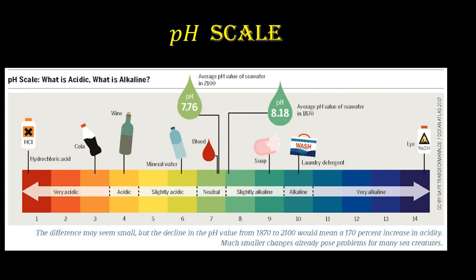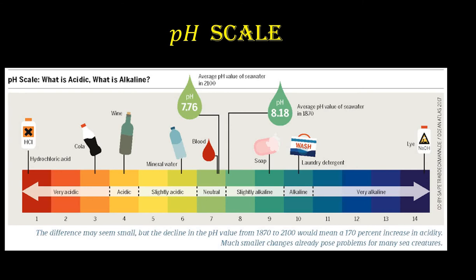Then comes the pH value for blood, that is 7.45. Here the average pH value of seawater in the 21st century is shown, and the pH value in 1870 is also shown, that is 8.18.